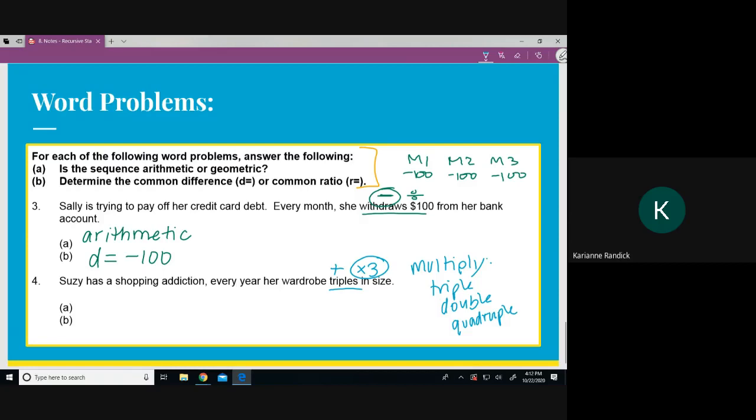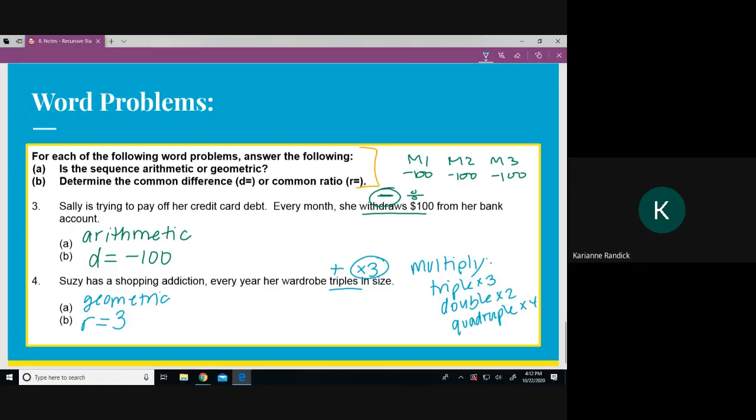Double means times 2. Quadruple means times 4. Those would be keywords to have written down: triple times 3, double times 2, quadruple times 4. That is multiplication. Because it's multiplication, this is geometric. Geometric is with the common ratio, and we're multiplying. Triple means times 3.